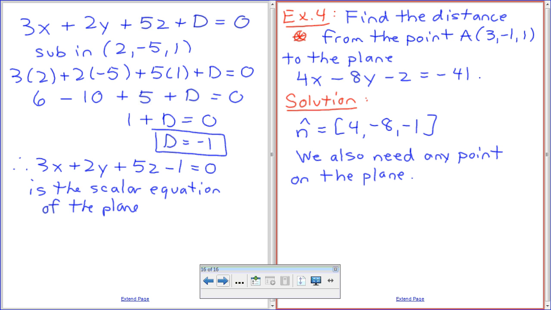So what I'm going to do is pick any point on the plane. Let's say I was given this and this. So I choose this point where Mr. Newell destroyed my whiteboard. I'm not angry about it, I swear. If I choose this point and this is my distance, how would I find this distance?